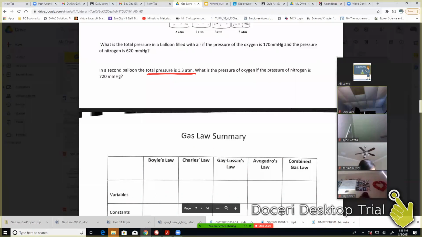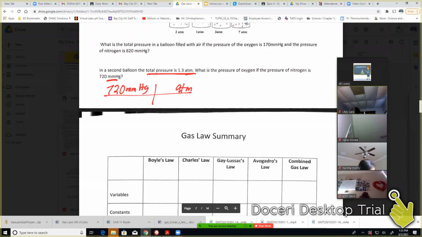Well, one thing that I notice here, I have one in millimeters of mercury and one in atmospheres. And I can't add or subtract those when they're in different units. So the first thing that I'm going to do is convert one. So I'm going to convert my 720 millimeters of mercury to atmospheres. You could have gone the other way.